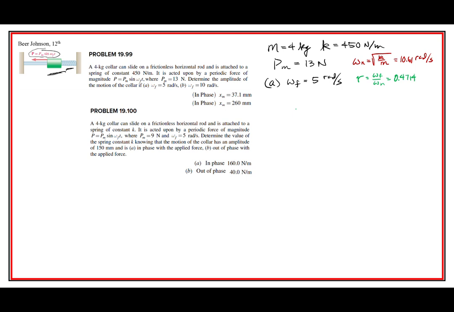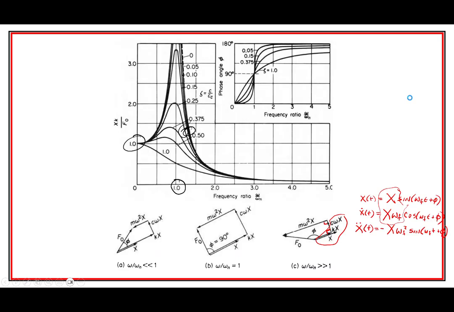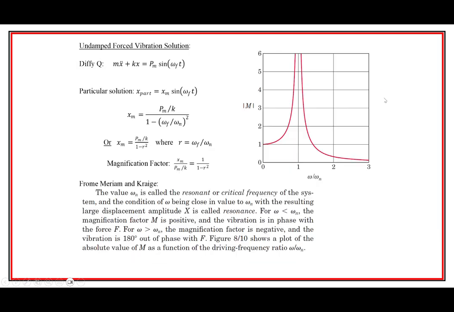So one version of this, let's go capital X, is going to be our P_M, as they're calling it, divided by K, divided by 1 minus r squared. If you're having trouble remembering that, we do have one right here as a magnification factor, and of course right here is another version of it.